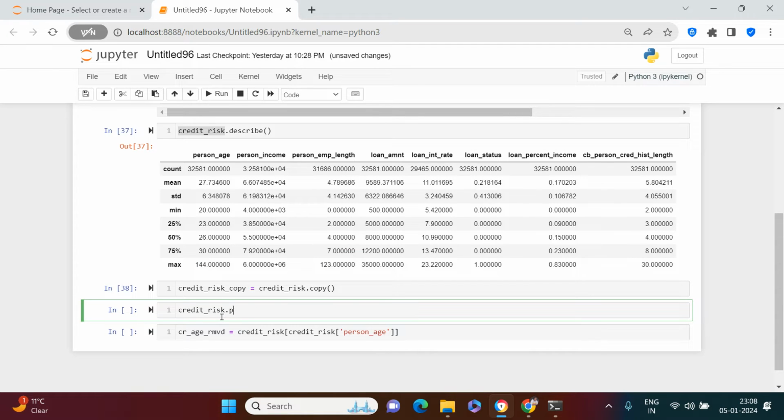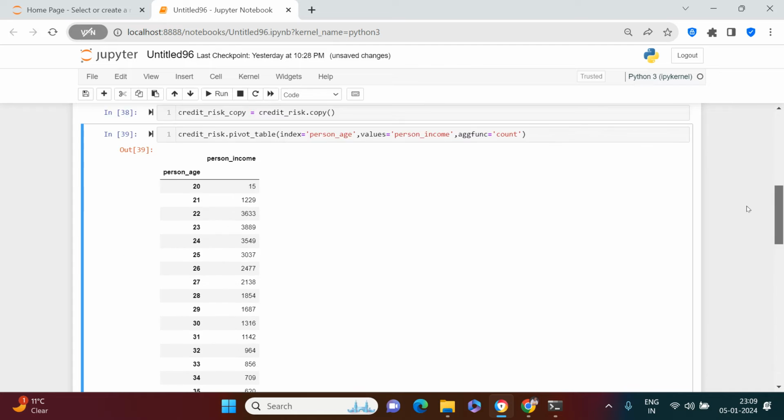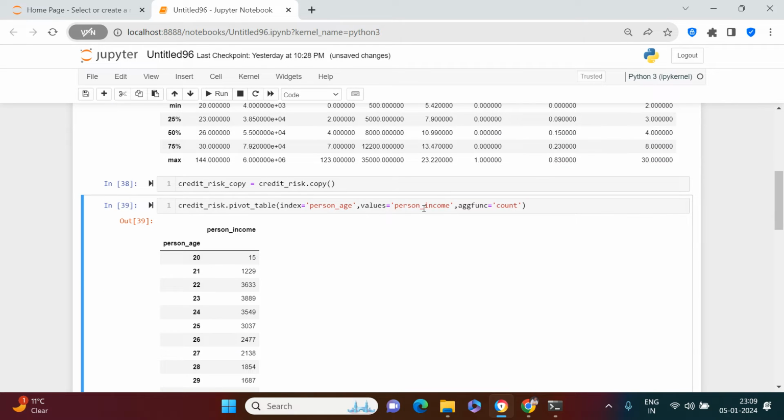So credit risk dot pivot table, I'll do a quick analysis. Pivot table index, and here I'm going to use person age. Values we can put anything, person income, let's say, you can put any column, and the aggregation function is count. Let's just see what we get. All right, so this is what you are getting here. Or rather, not person income, I'll put another column.